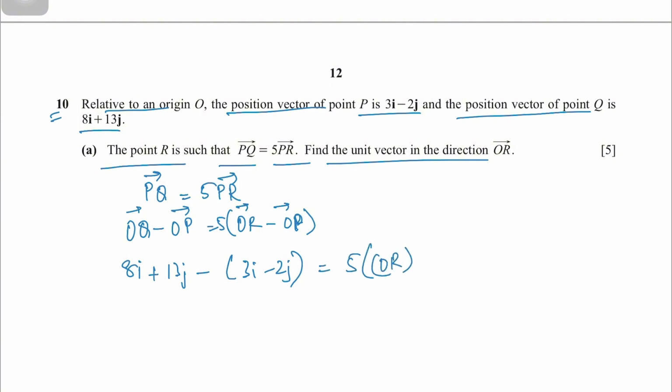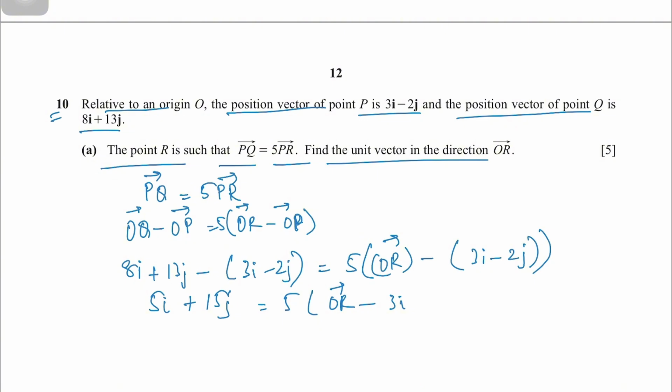OR has to be calculated. Our OP is simply 3i negative 2j. Here we get our answer as 5. 8 minus 3 is 5i. 13 plus 2 is 15j. And then we have 5 OR negative 3i positive 2j.